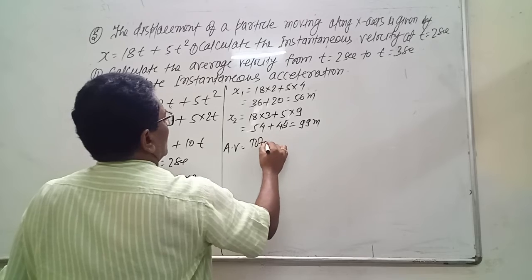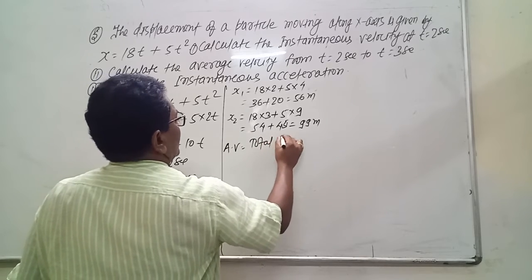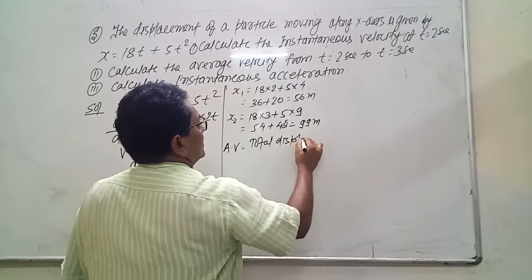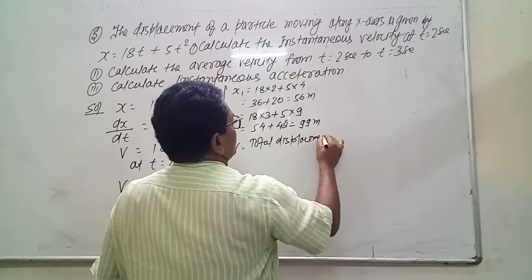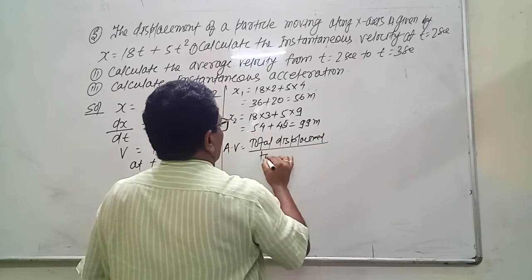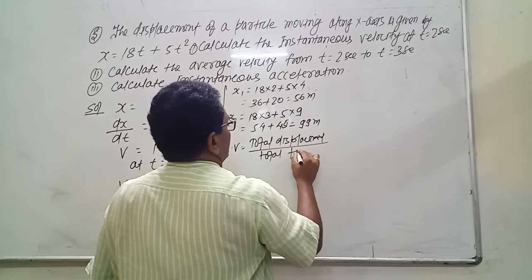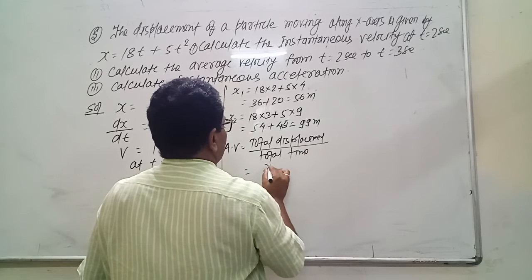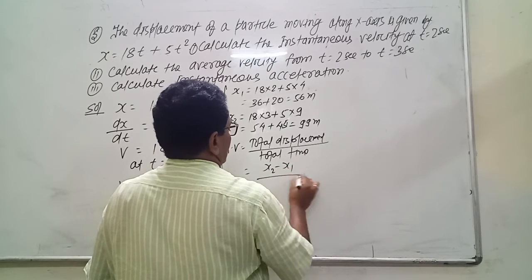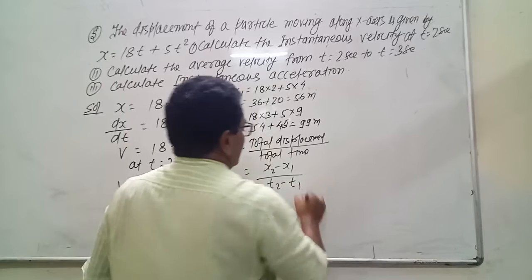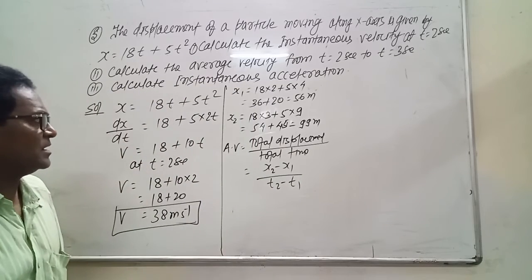equals total displacement upon total time taken. Total displacement means x2 minus x1. Total time taken means t2 minus t1.